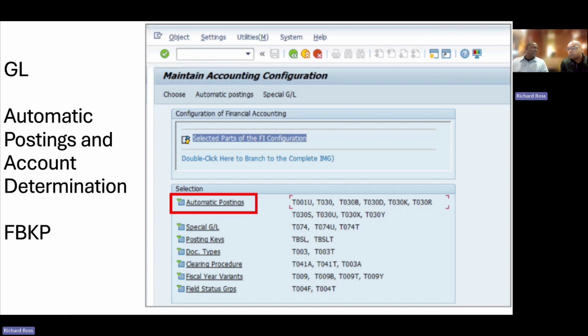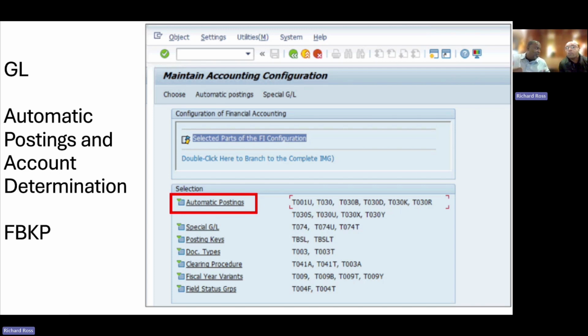Each field on the posting key controls the entry, and knowing which fields control what is where the meat is: how you control the entry, how to automate posting, how to get it automatically into the system.